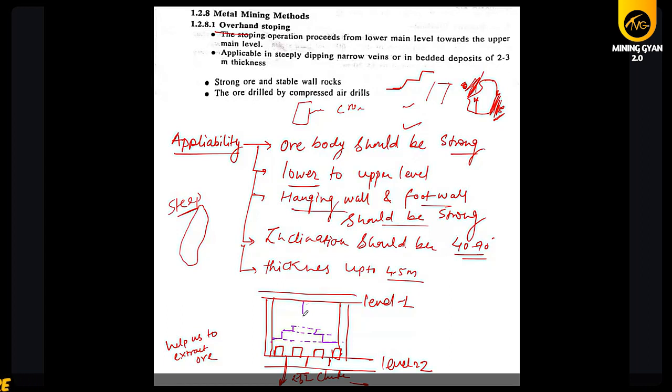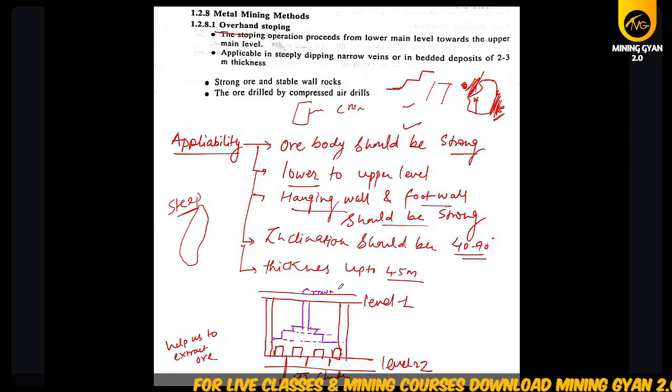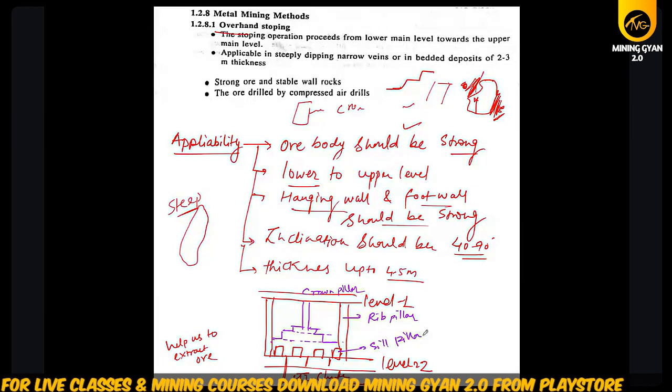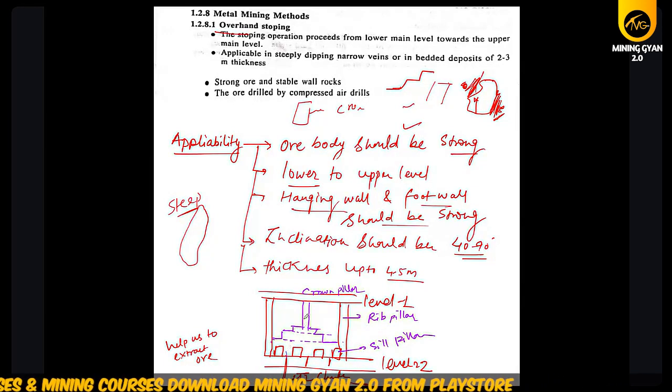So like this. Okay, this is your crown pillar. This is your rib pillar. And this is your sill pillar. This is your chute. And okay, so if I have a video, I will show you.